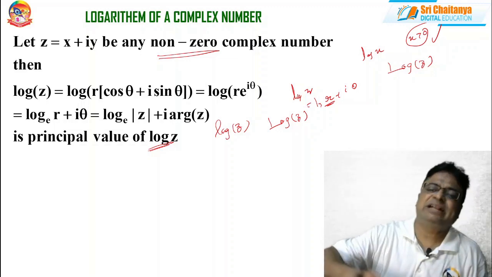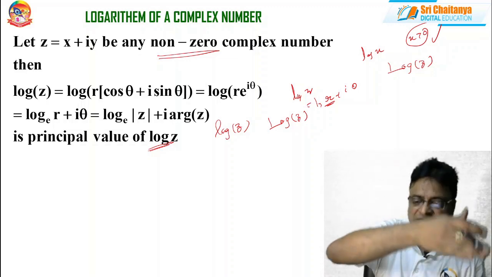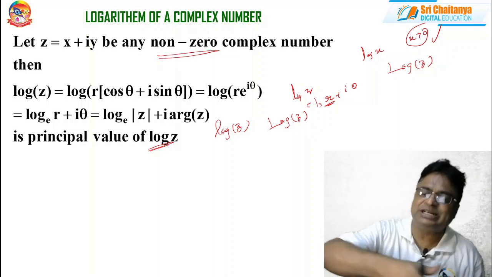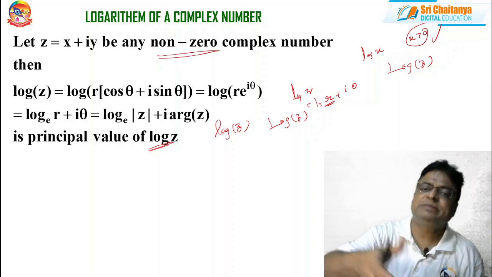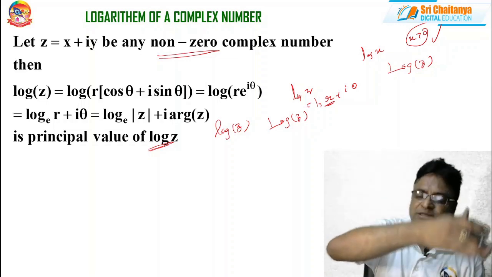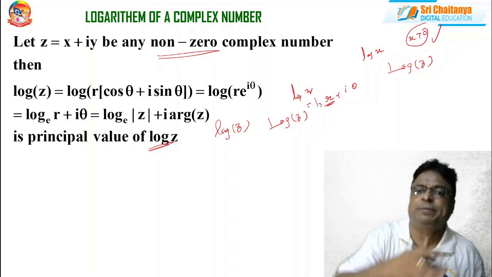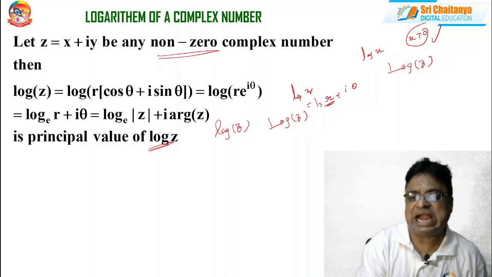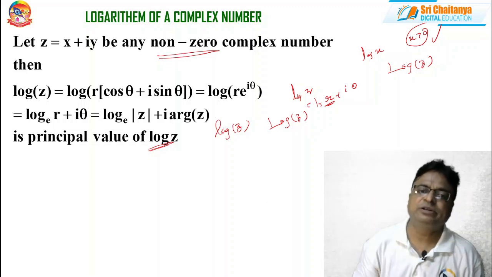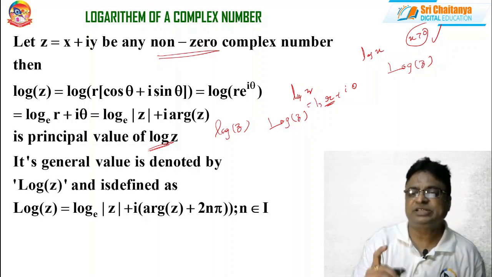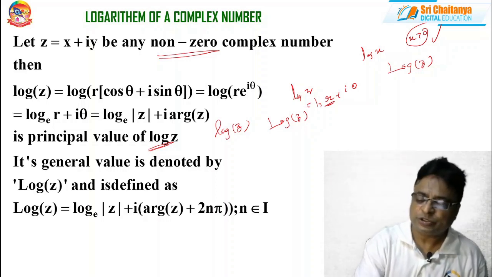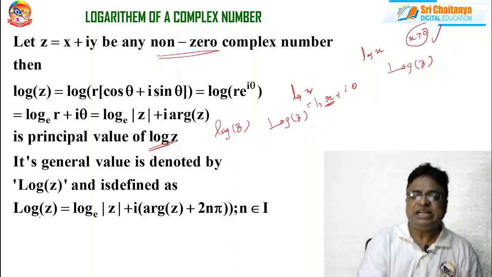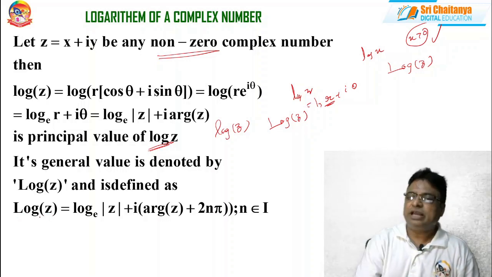Because it covers one entire cycle. After rotating 360 degrees, that means 2 pi; similarly, another 4 pi, next 6 pi. So in general, 2k pi. That is the general value of the logarithm, denoted with a capital L, Log z.